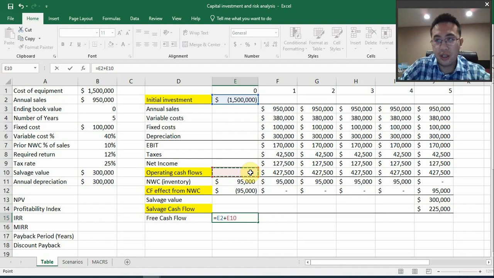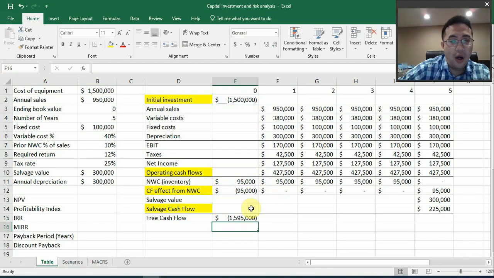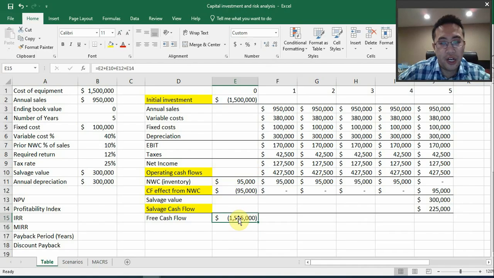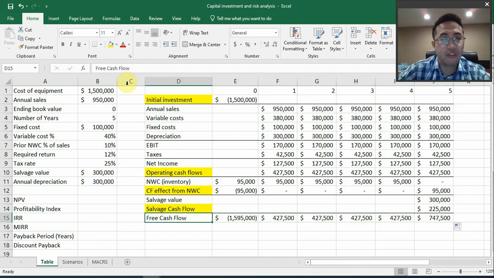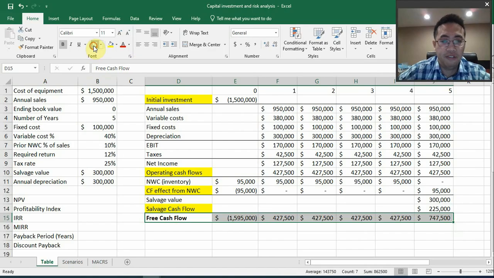If it is missing, it will be recorded as 0, so don't worry about it. Then the cash flow from the change of net working capital, then the salvage cash flow. I add all these 4 components together and drag it all the way to year 5. And this is my streamline of the free cash flow. This is the finalized number to calculate the NPV, IRR, and so on.